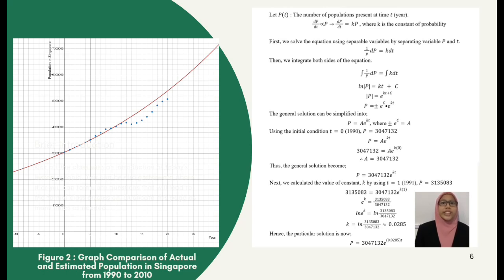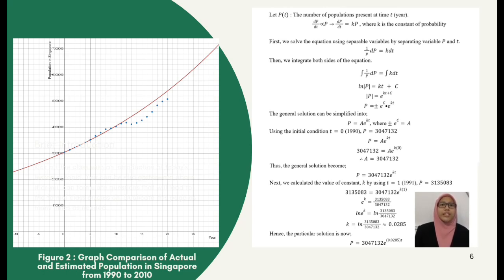Using the initial condition, t equals 0 for the year 1990, the total population equals 3047132, we can conclude that A equals the total population at year 1990, which is 3047132. Thus, the general solution becomes P equals 3047132 times e to the power of kt.